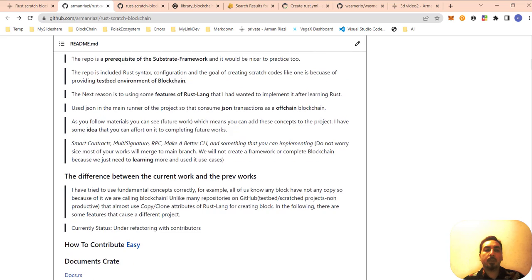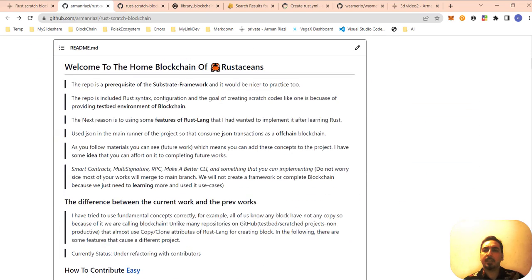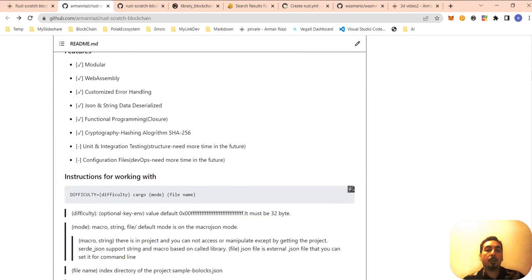In the README of the Rust Scratch blockchain repository, as you can see, for example, it's a library, modular, and uses WebAssembly. Also, WebAssembly would be for future work, and customized error handling in Rust, using JSON as an off-chain blockchain, and you can optionally hash your transactions and your blocks.